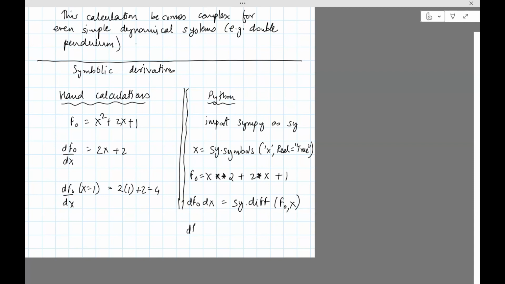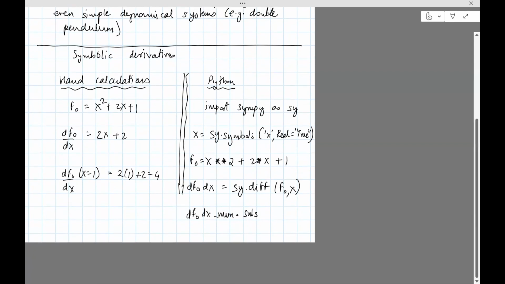If you want to compute the numeric value, then all you do is you say df0/dx.subs, x1. So it's saying take this expression, which I already have, in x, substitute x equals 1.